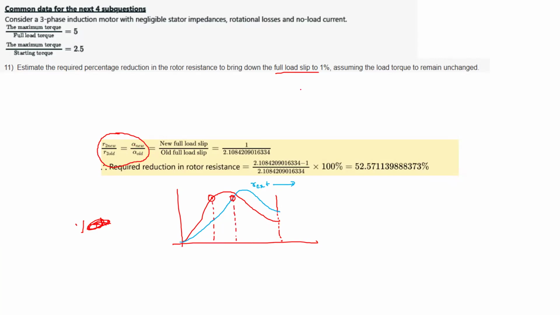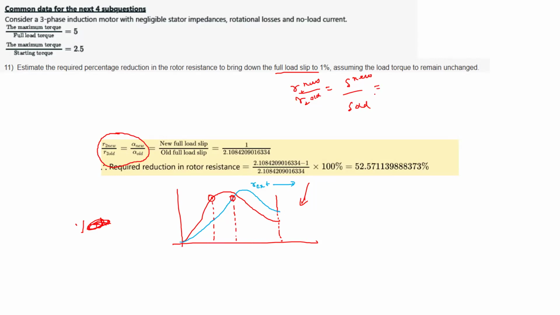The factor by which your rotor resistance changes is the factor by which your slip changes. We have seen that, right? When we changed the rotor resistance by adding the R external, the slip also changes, and the factor remains the same. So this is the ratio.